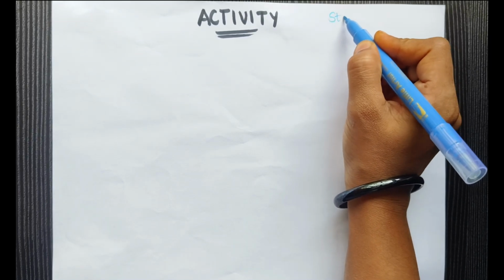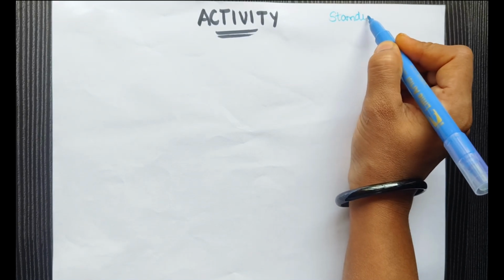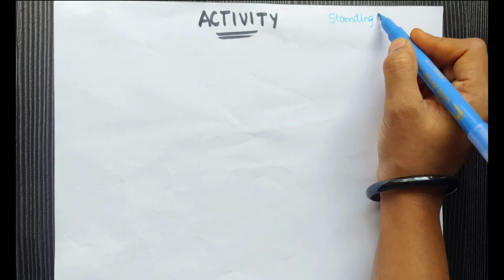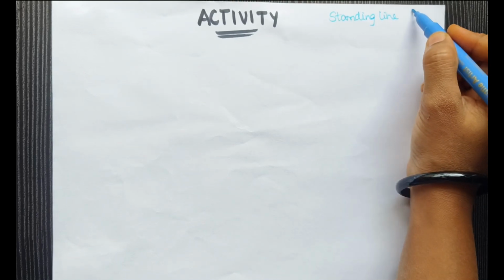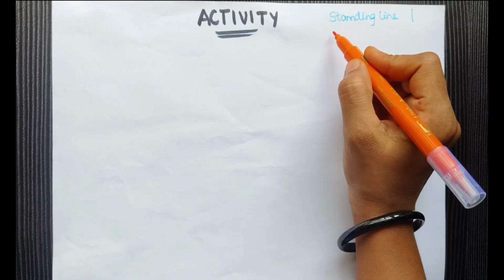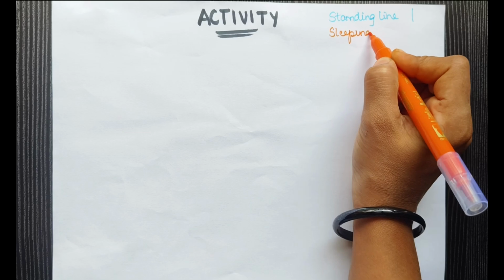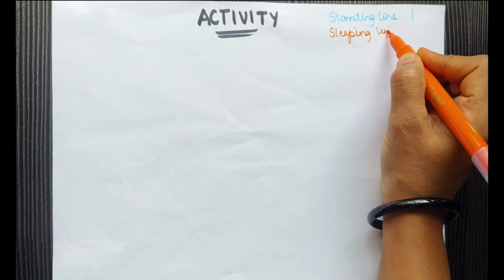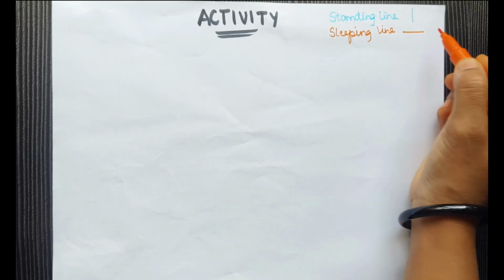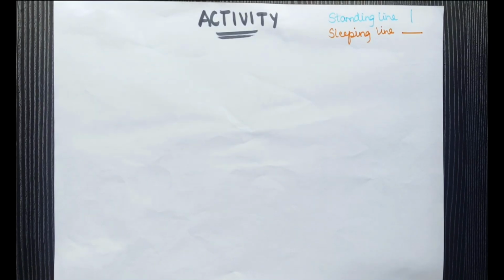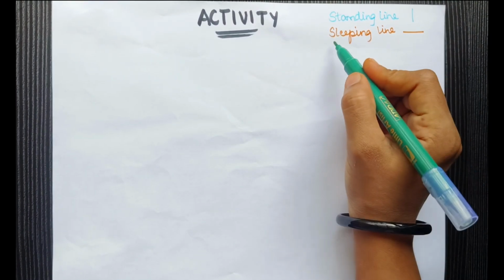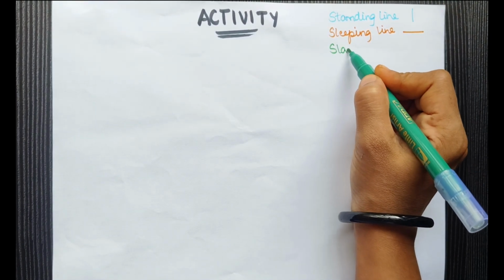We used a blue color for a standing line, and orange color for sleeping line, green color for slanting line.